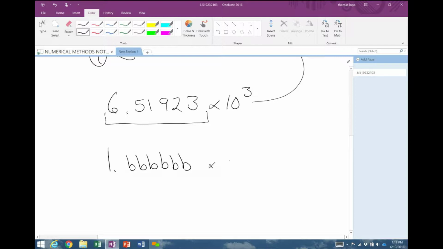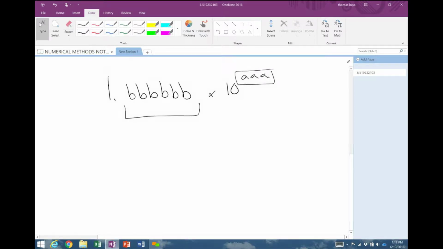And you multiply that by some exponent, a. So in binary system, they actually just refer to this unknown series of b digits as the mantissa, and this series of a's up here in the exponent of 10 to the whatever power is, well, it's called the exponent. That makes sense.